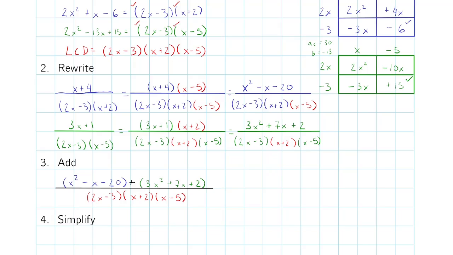And then in the numerator, we're adding two polynomials. So associative property says we can just drop the parentheses and combine like terms.